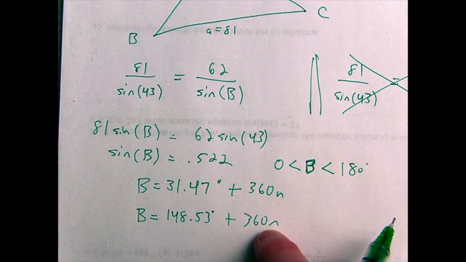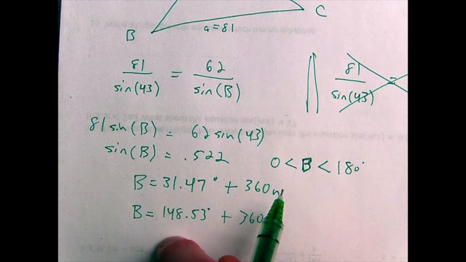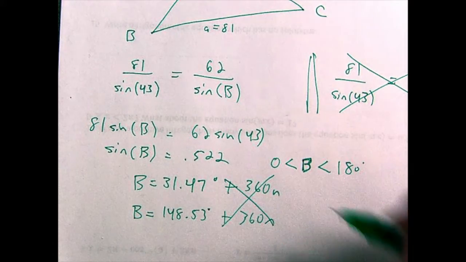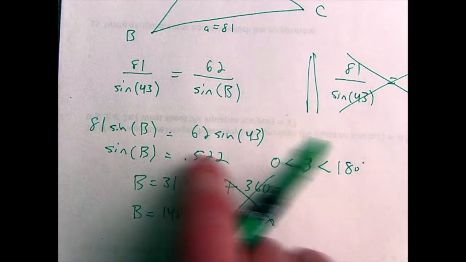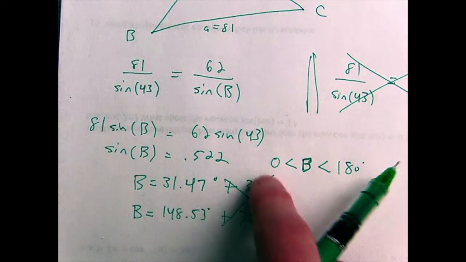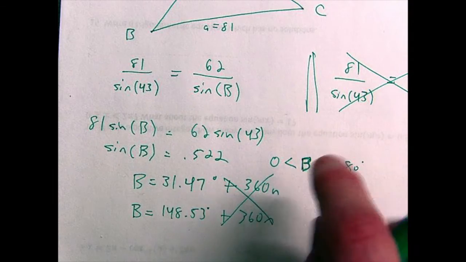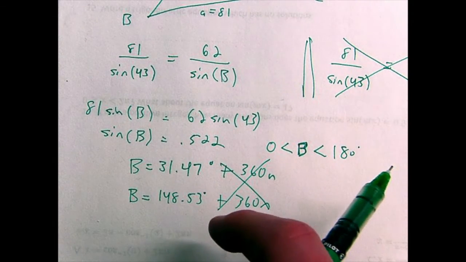With that in mind, these two formulas only give you one solution each. If you add even one copy of 360 to either of these, you immediately go over the cap. So the plus 360n is not going to give you any additional solutions in this problem. In fact, it never will. Throughout this unit where we're solving triangles and you do the inverse sine function, you don't have to worry about the plus 360n for this reason. But I just wanted to be clear about that.